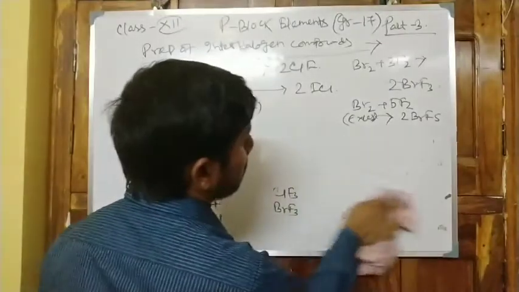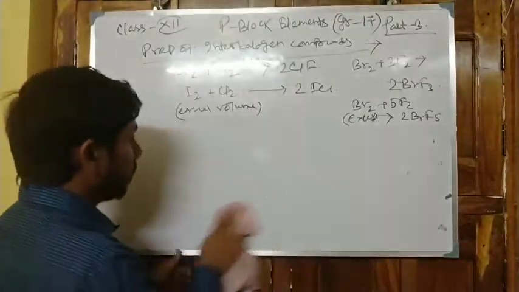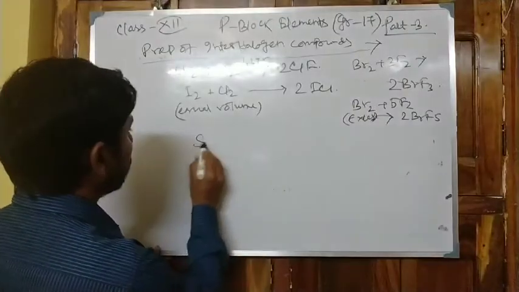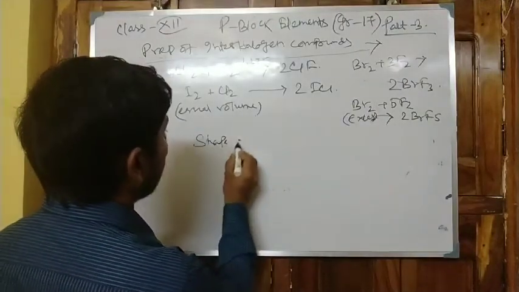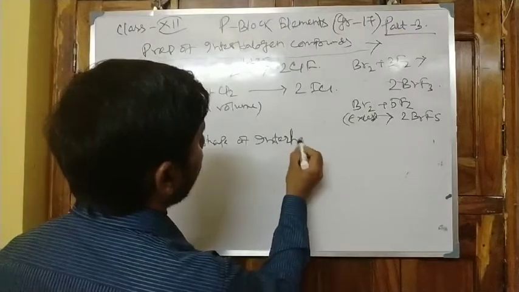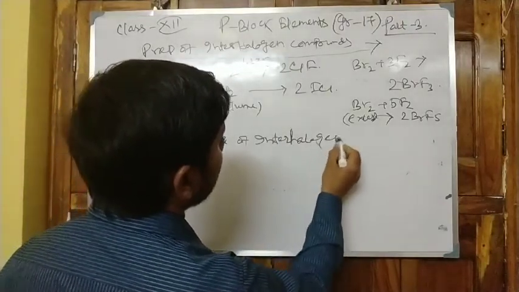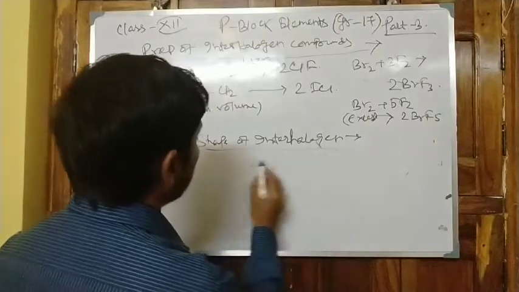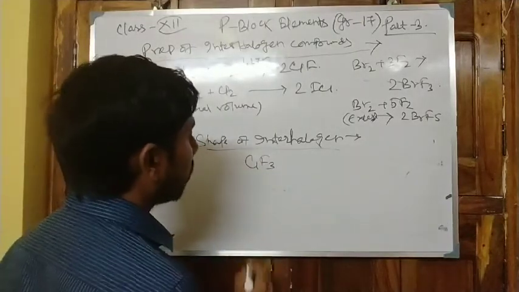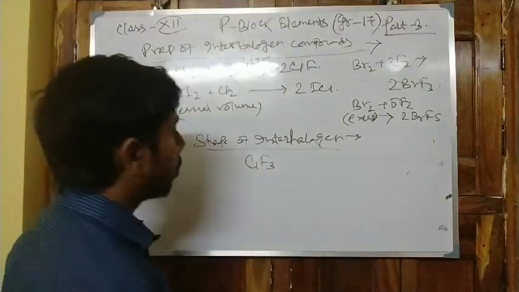We can predict the shape by using the VSEPR rule. We have already done it in the chemical bonding chapter of class 11, for ClF3. First, calculate the total number of electrons.